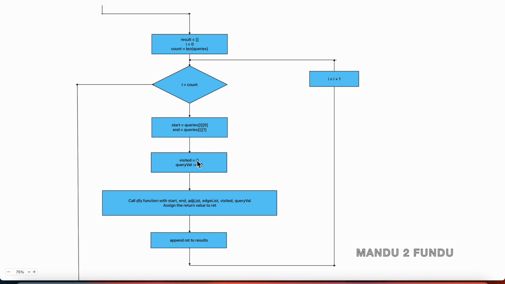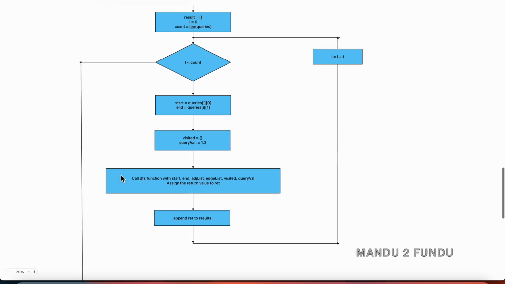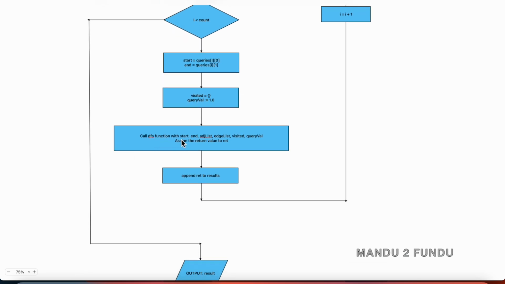In each iteration we have to initialize the visited map as empty, because when we compute the value for each query, we have to make a fresh graph traversal. For that reason we initialize the visited map, and then we initialize the query value to 1.0. Then we make a call to the DFS function, which takes the start vertex, end vertex, adjacency list, edge list, visited map, and the query value, which is 1.